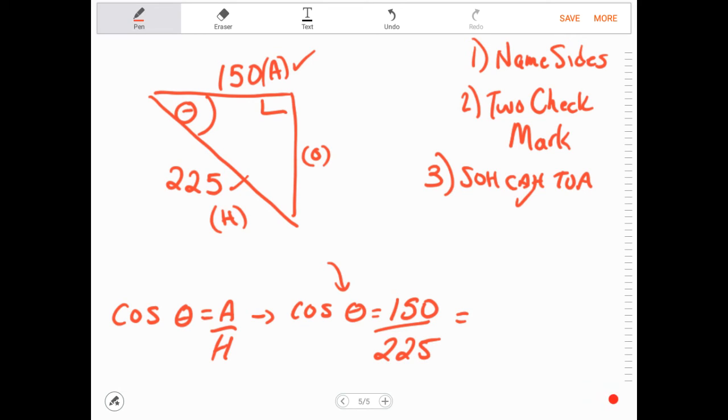And I will figure out your answer here. So this is going to be inverse cosine 150 divided by 225 gives you an answer of 48.2 degrees, give or take.